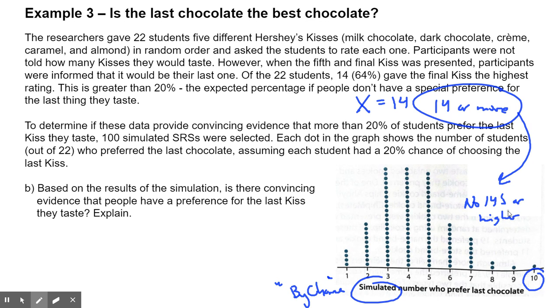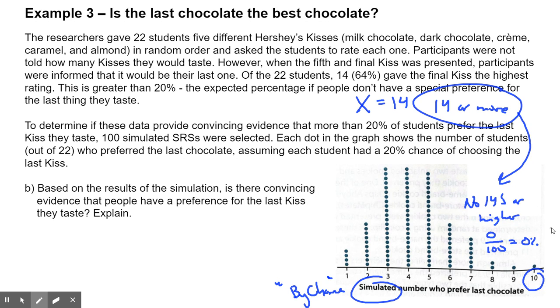So that means that in these 100 simulations, you got 14 or more 0 times out of 100. That is 0% of the time. So the by chance probability of getting 14 or more out of 22 picking the last kiss never happens.